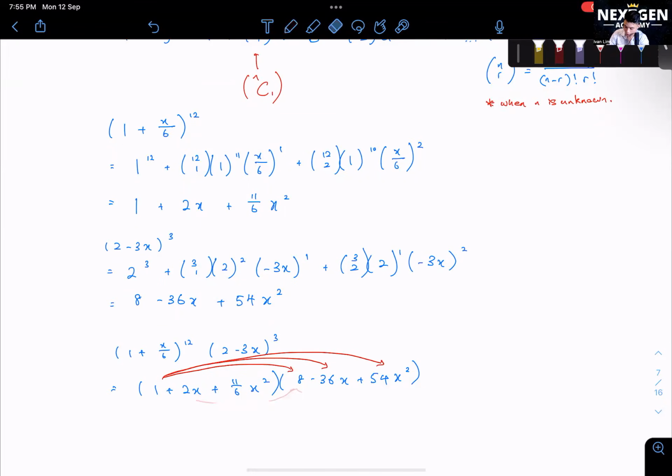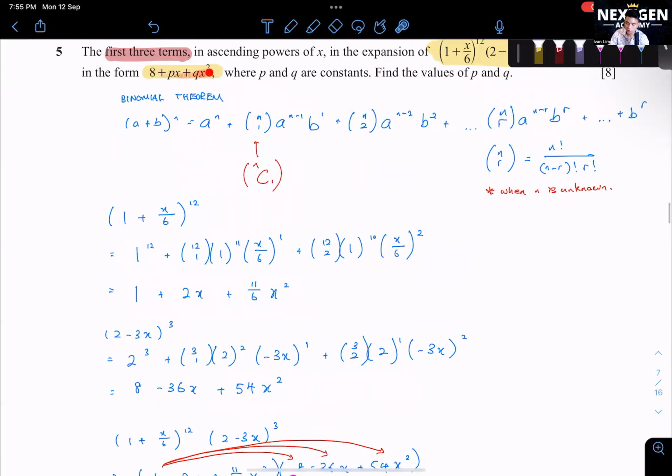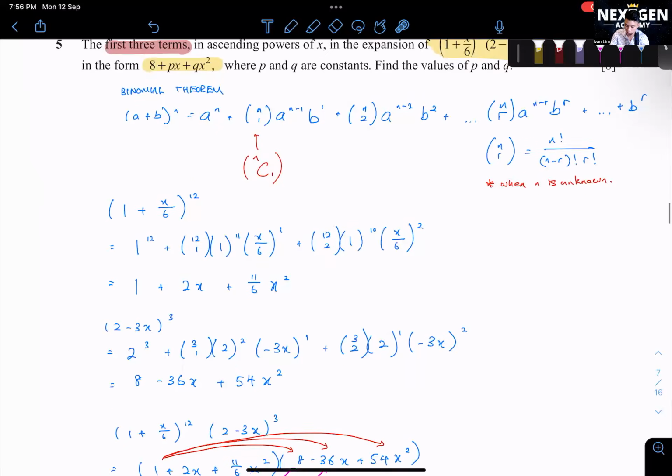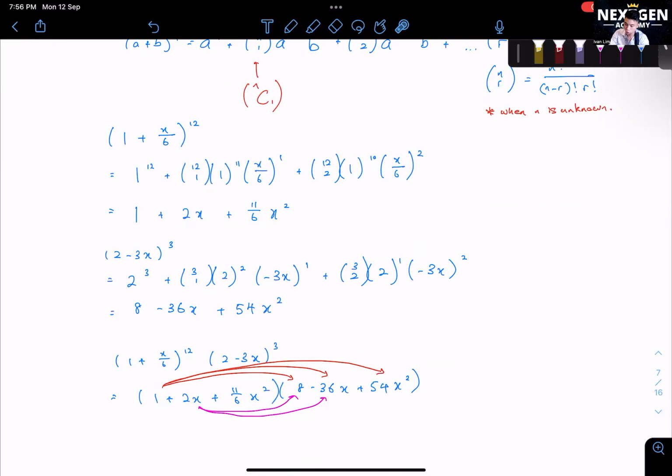I put another color in this one. 2x times negative 36, yes. Do I want 2x times 54x squared? This and this term, don't want, because this one will give me x cubed. Not relevant to what they gave us above, so I don't care. So don't go and do extra work.